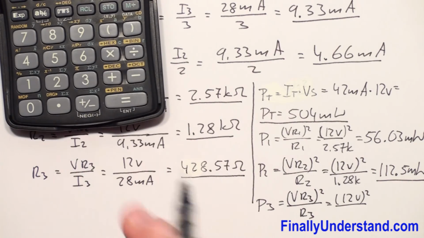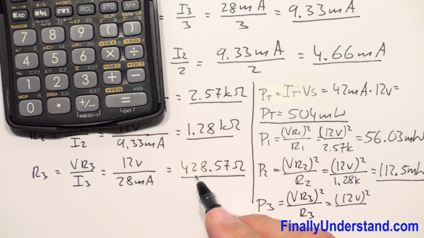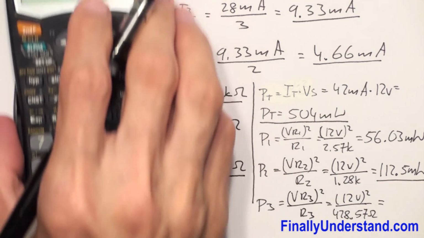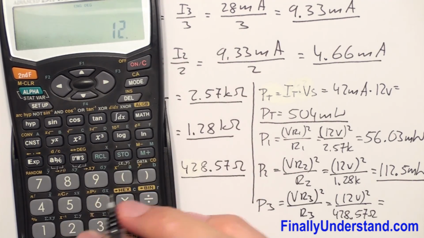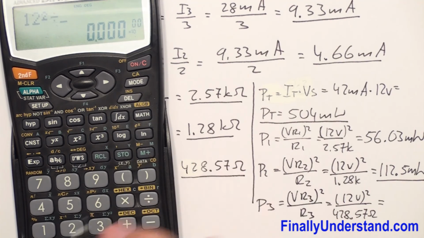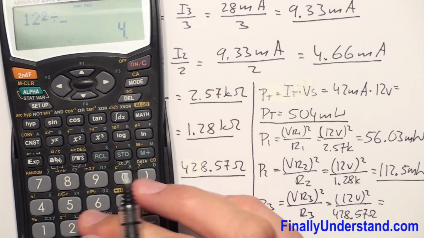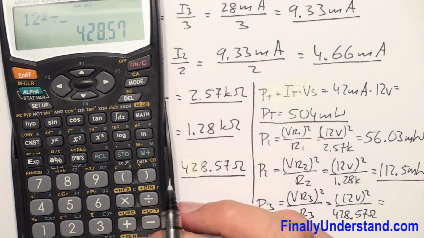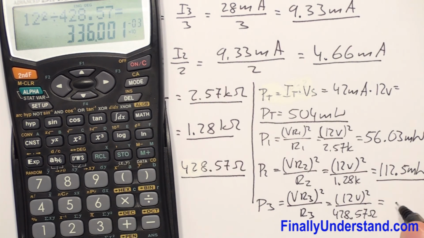R3 is equal to 428.57 ohms. This is equal to 12 to the second power divided by 428.57. This is equal to 336 milliwatts.